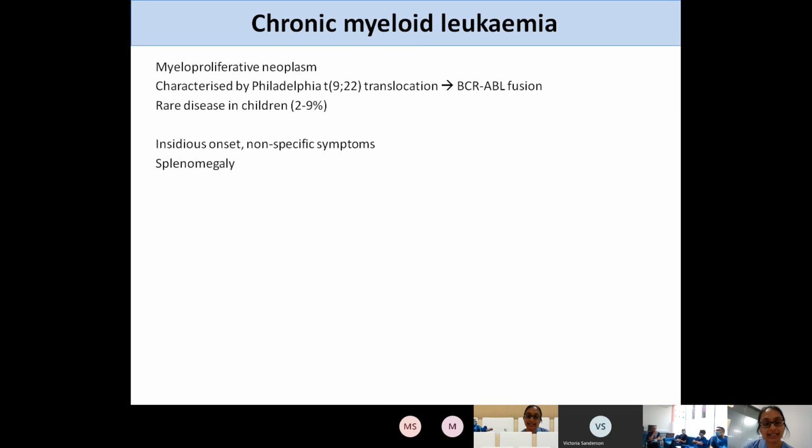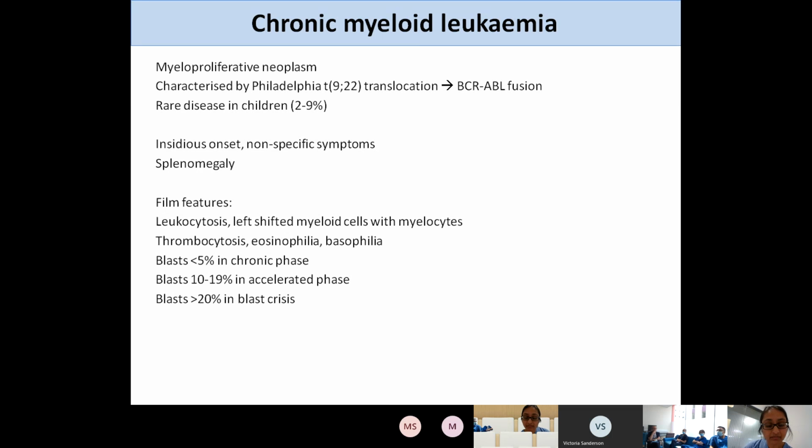Usually CML has an insidious onset with non-specific symptoms, and sometimes they have quite marked splenomegaly and a high white cell count because they're actually very well. And the film features are leukocytosis, a left-shifted myeloid series with myelocytes, often a thrombocytosis, eosinophilia, and basophilia. And then in terms of typing what stage they're at, it's all about the blast count.